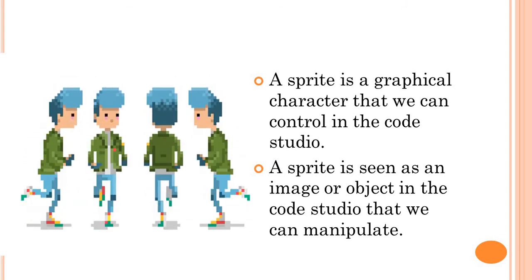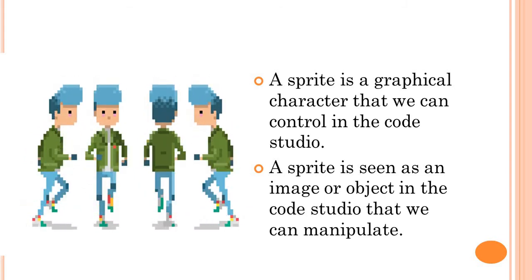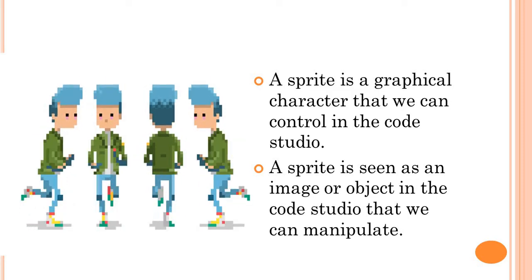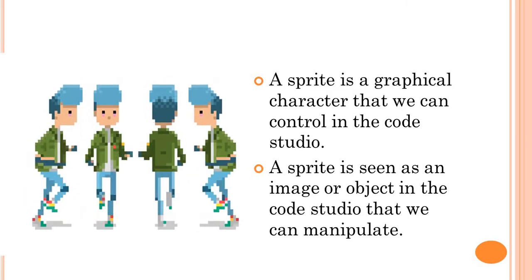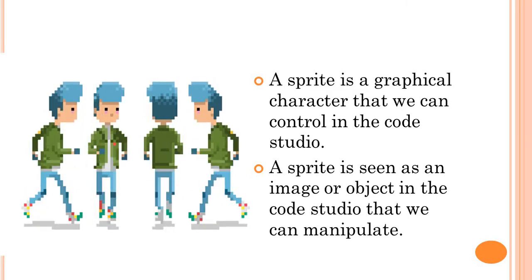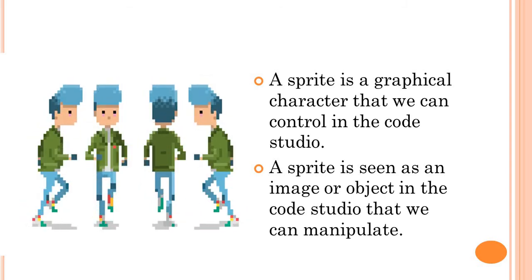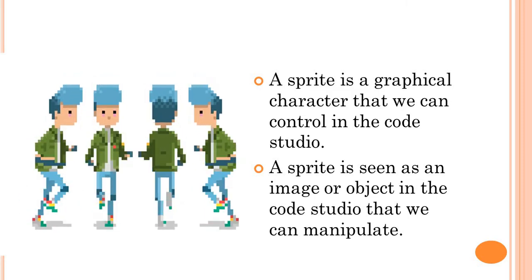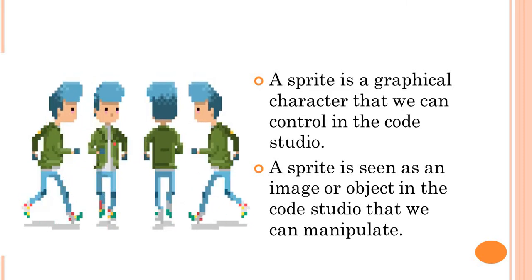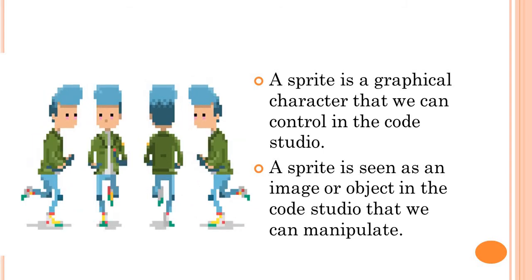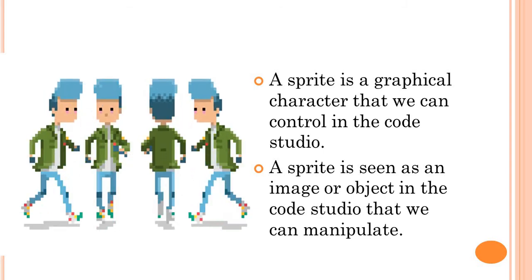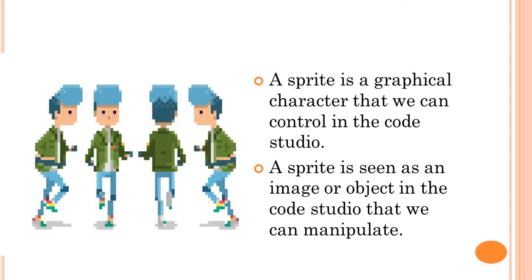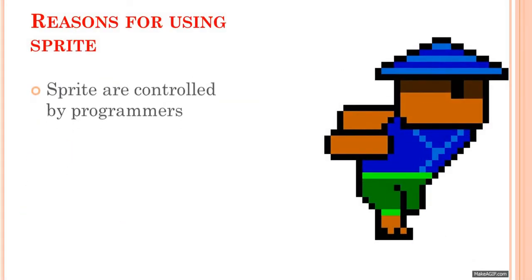Just like I have said, the sprite can be manipulated by myself and by yourself, because we are seen as programmers. Now, they are given instructions, and these instructions must be followed strictly. Sprites can also do conditional statements, but this statement must be given to it by programmers, which is ourselves.